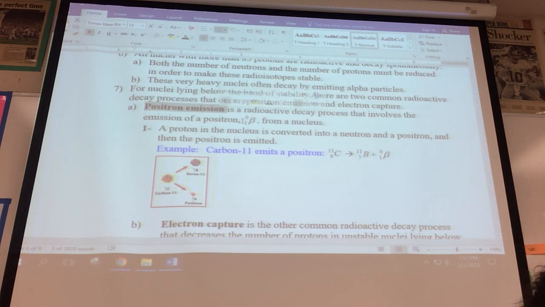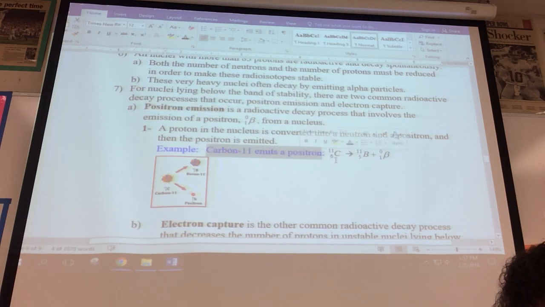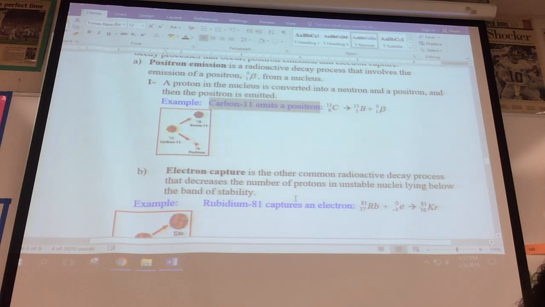The one on the bottom is positive. So if you look at carbon-11 emitting a positron, here's carbon-11, here's your positron. What happened to the number of protons? It decreased.